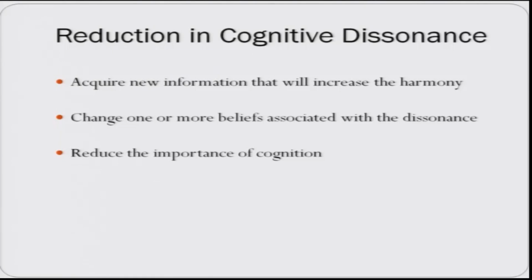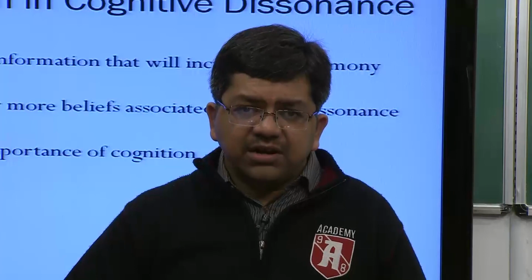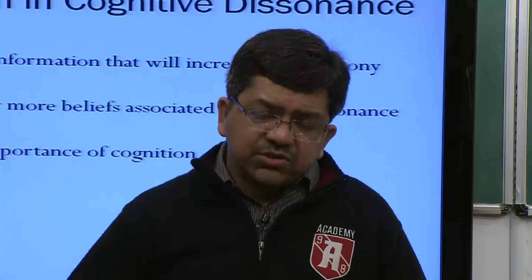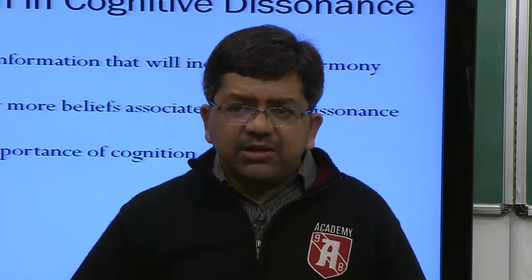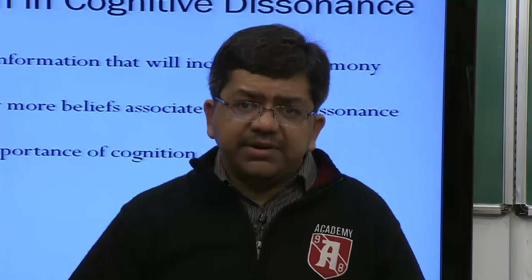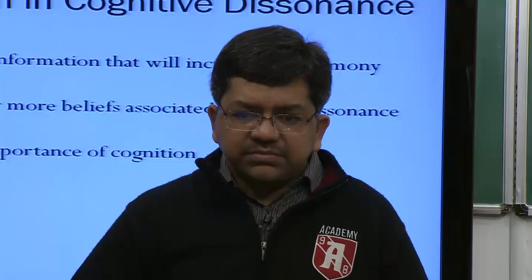By acquiring new information, you get more research done about the product that tells you clearly whether this product is harmful or not. If it is not harmful, you will feel happy that you are consuming something good and continue eating it. However, if you find out that it was not good for health, then you will get convinced and stop eating if you are health conscious.